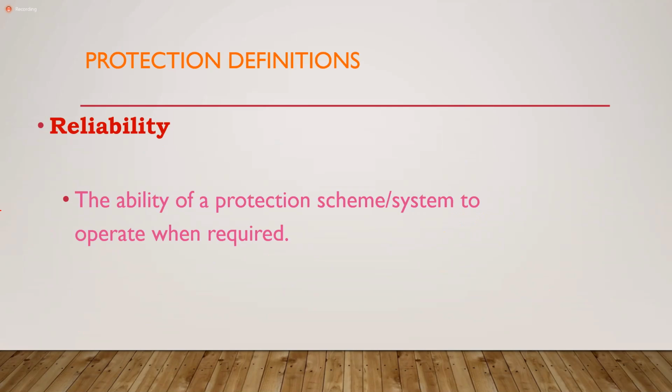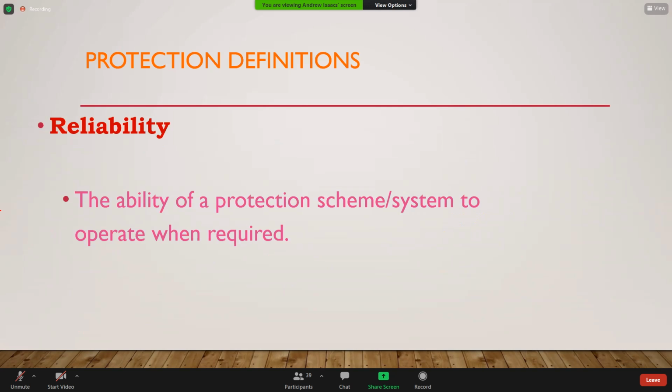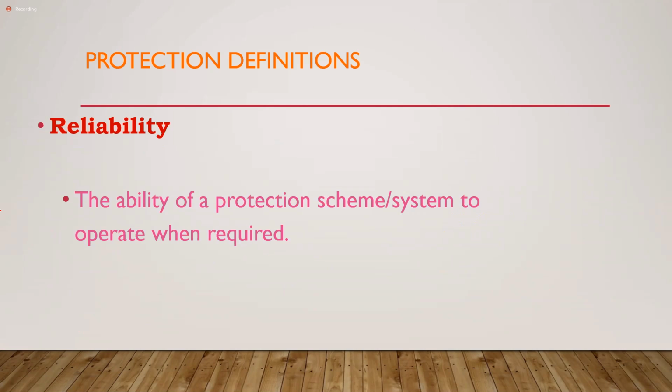And therein lies the challenge with your protection system. We say it is reliable. All right. So one key feature is reliability. And that speaks to the system being able to operate when you need it.